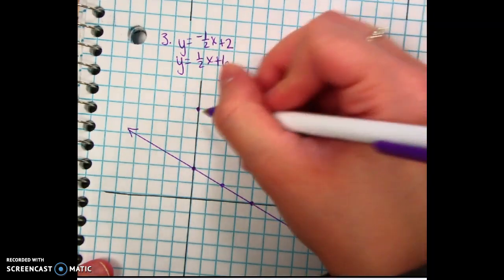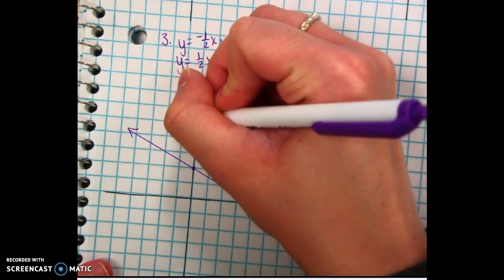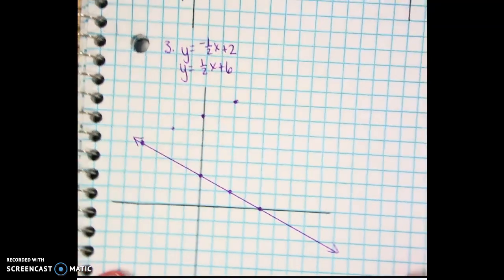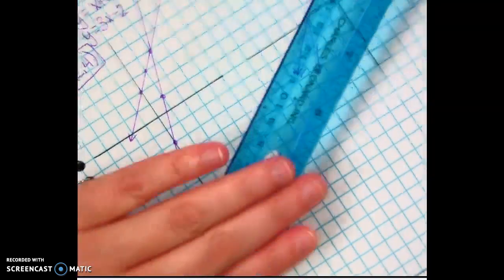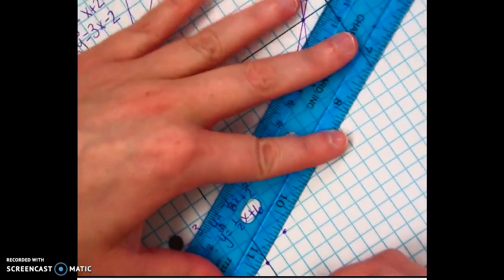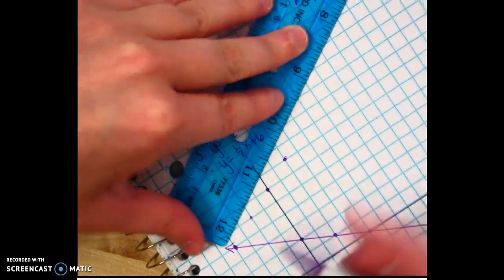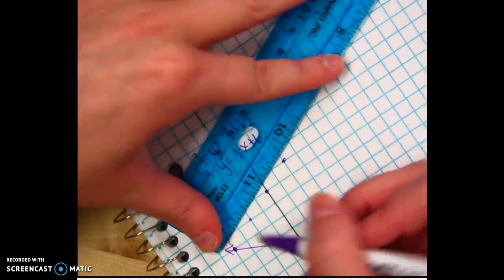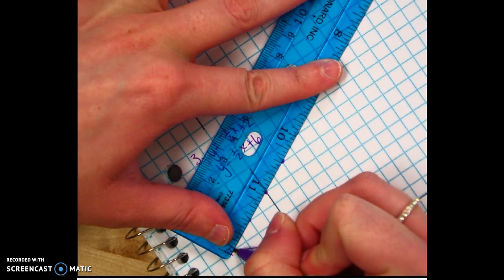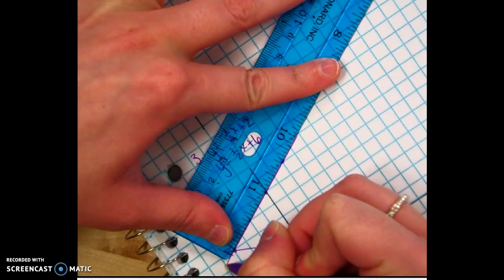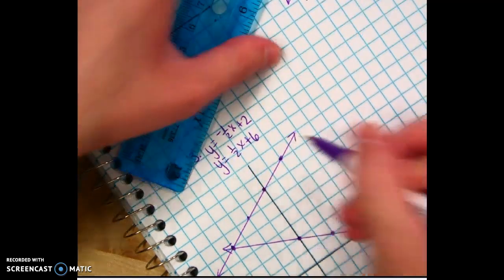I'm just going to go down here and see if it will... Oh, there it goes. That's where it intersects, right there. I'm going to draw my line. Can't draw a very good line because it's in the notebook and the ruler is not cooperating. There we go.